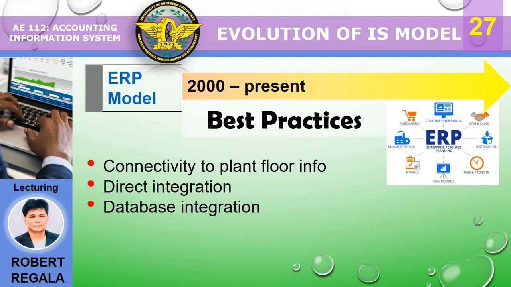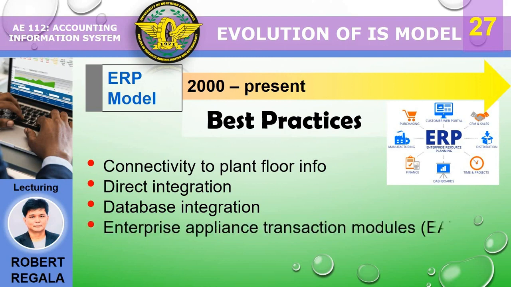4. Enterprise Appliance Transaction Modules, EATM. These devices communicate directly with plant floor equipment and with the ERP system via methods supported by the ERP system. An EATM can employ a staging table, web services, or system-specific program interfaces, or APIs. An EATM offers the benefit of being an off-the-shelf solution. 5.